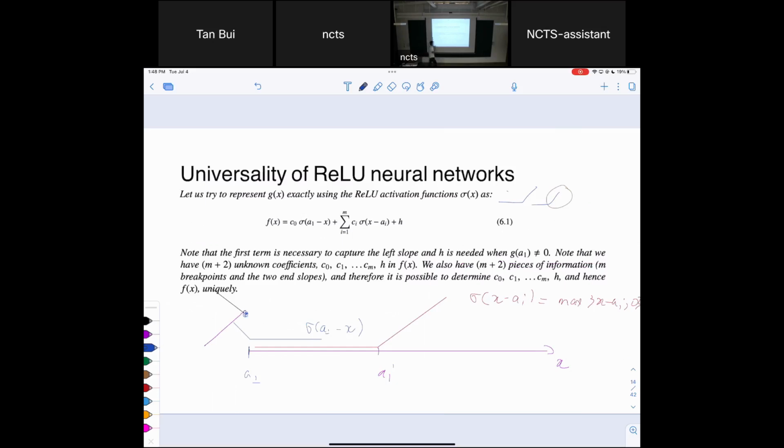And let's count. This is what we do in mathematics. We have m plus 2 pieces of information. Remember that? m breakpoints, 2 slopes, so m plus 2 pieces of information. How many unknowns are there here? m plus 2 unknowns. So there's hope to solve for these m plus 2 unknowns uniquely with m plus 2 pieces of information.